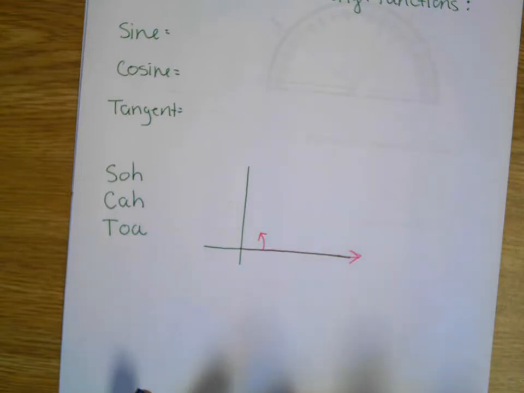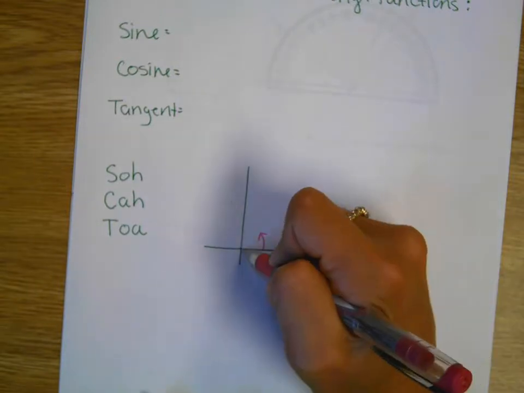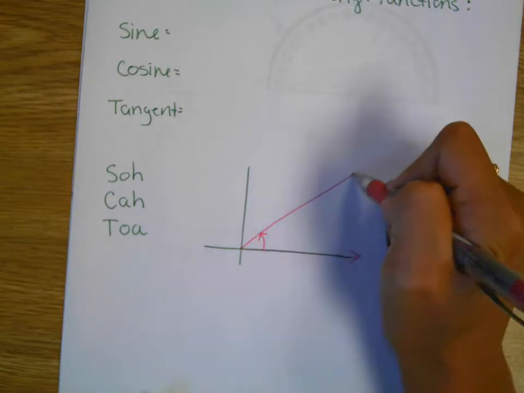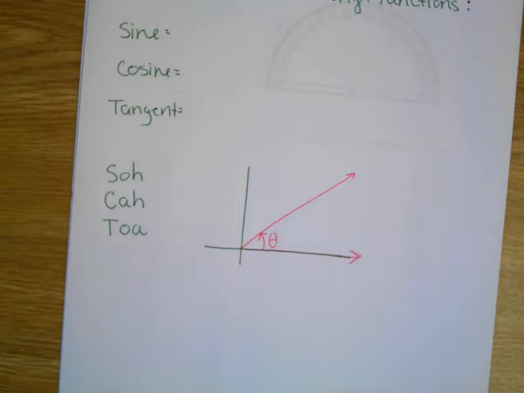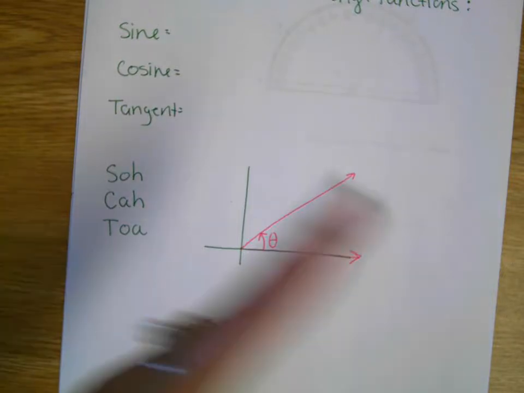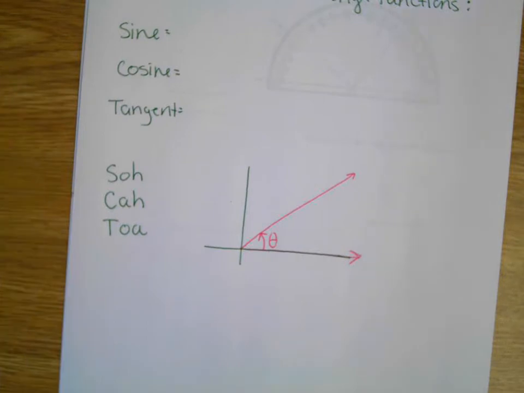Geometry was started by the Greeks, and their favorite letter to use is theta. Theta just represents an angle measure. See that as about a 40-degree angle, but it could be any angle measure. So it's that rotation.